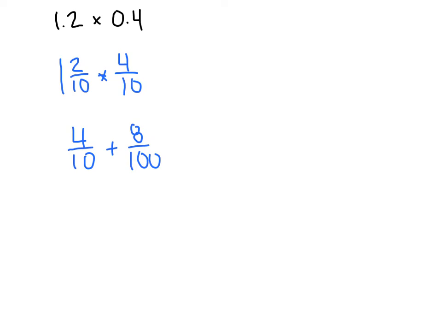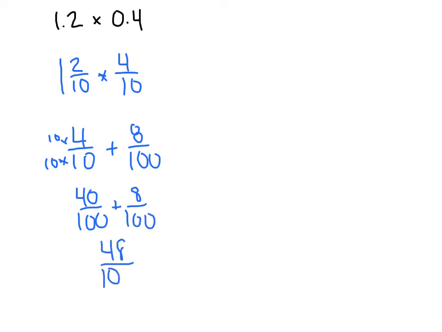Well, 4/10 is the same as 40 hundredths. I can multiply top and bottom by 10. And of course I have my 8 hundredths. And if I add those up, I get 48 hundredths.